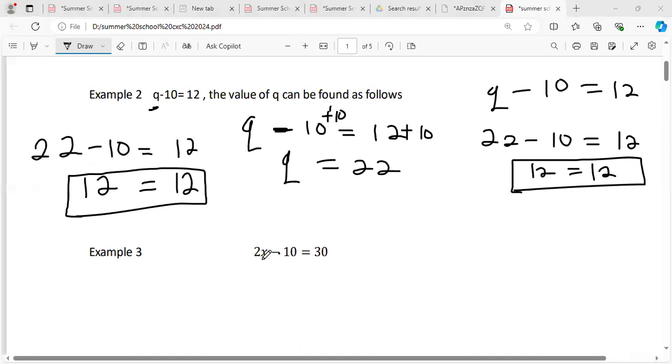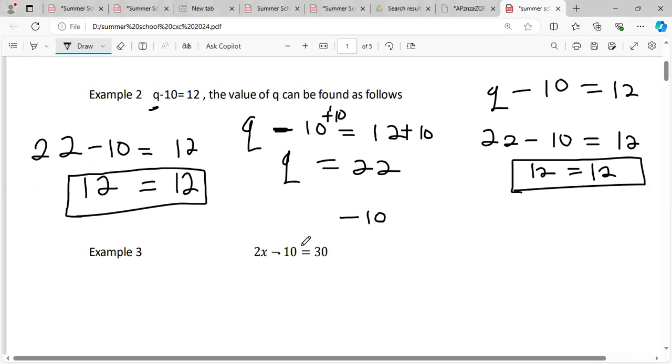So when you have 2x that is attached to the x, and then you have minus 10, what we're supposed to do is the minus 10 first. So we take the inverse of minus 10. What's the inverse of minus 10? Plus 10. Simple as that. So that means we add 10 to both sides.